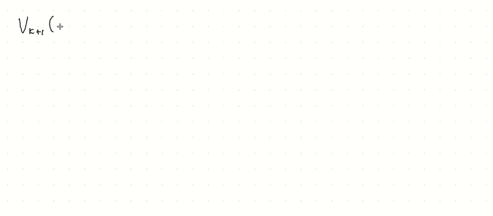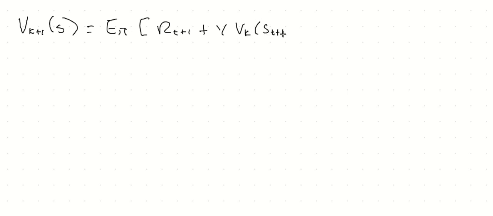Plus 1 of s. Here we're defining what is essentially our update rule. So the value of being in state s at time step k plus 1, right? Well, this is essentially the expectation over pi of r_{t+1} plus gamma v_k of s_{t+1} given s_t.